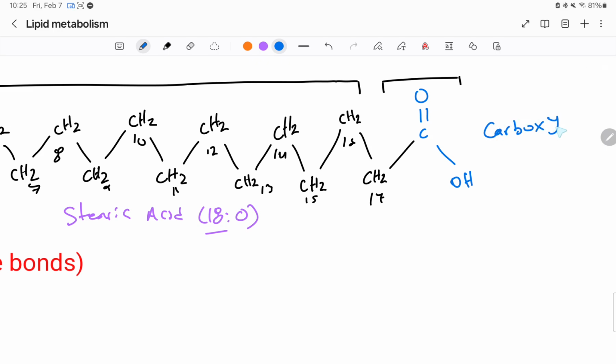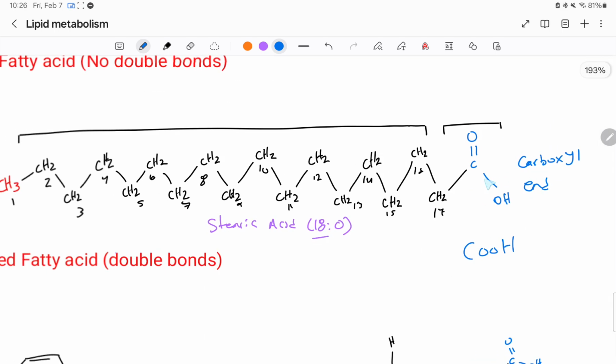Carboxyl end. And it's usually just a COOH, but this is how it's actually shown in structure. So here's a carbon, bound to an oxygen and a hydrogen. Well, really, double bonded to an oxygen and a hydroxyl group. But this is sometimes how you would see it written, COOH. But this is a carboxyl group.